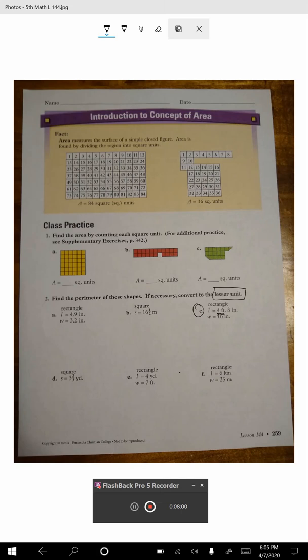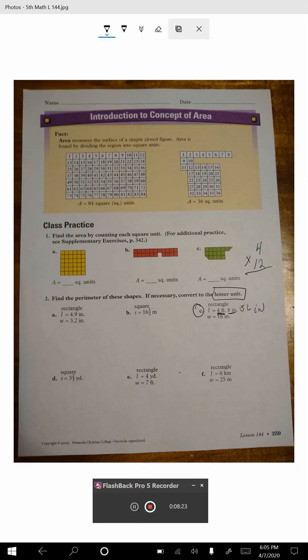So the question is, if you have 4 feet, how many inches is that? Well, 4 feet to inches is multiply, and you should know that there's 12 inches in a foot. If I do 4 times 12, I know my multiplication facts, that's 48. Now add in the 8 inches that you have, and you get 56.